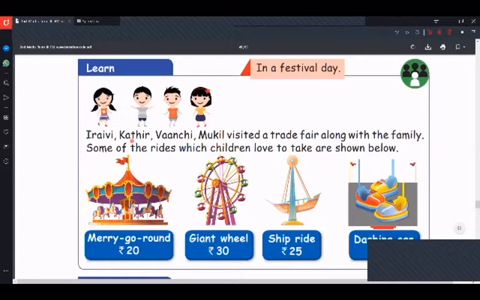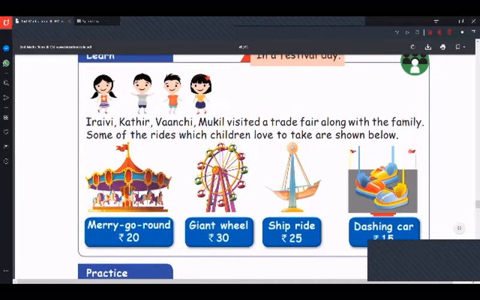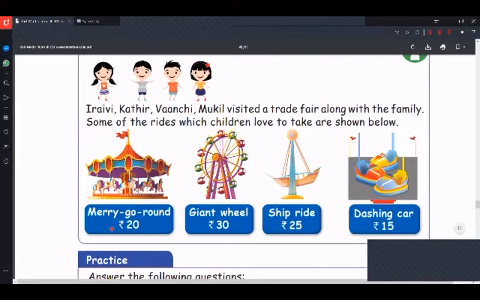Some of the rides which children love to take are shown below. Okay, see here, merry-go-round, rupees 24. Next, giant wheel, rupees 30. Ship ride, rupees 25. Dashing car, rupees 15.